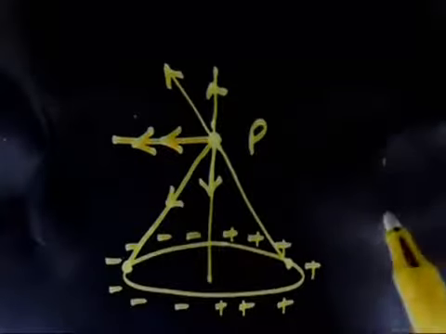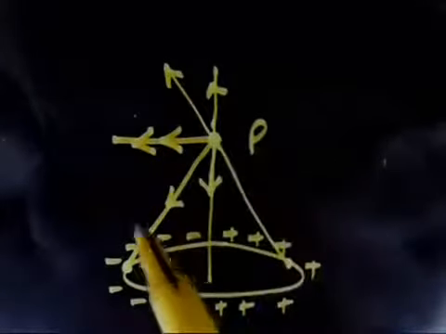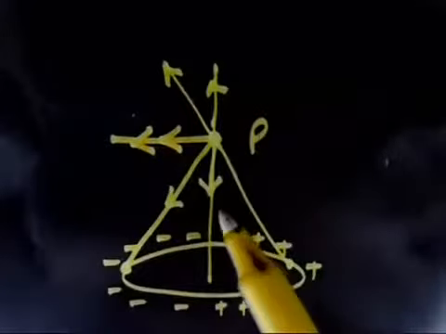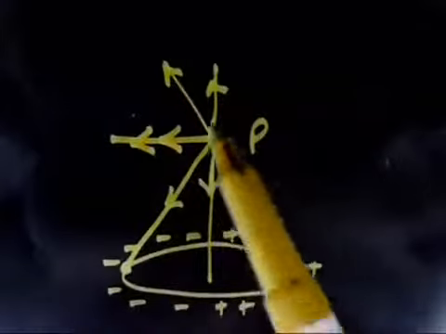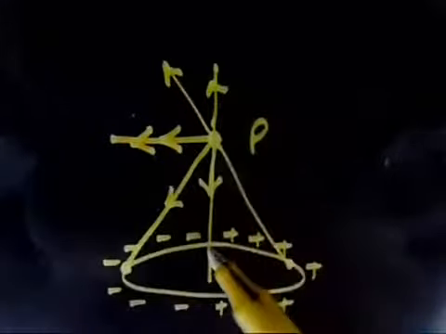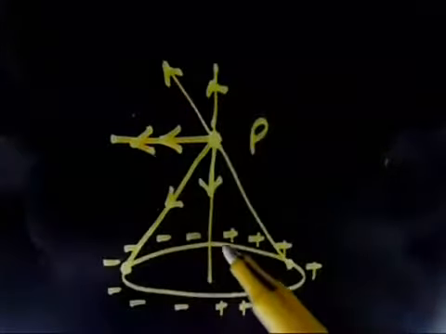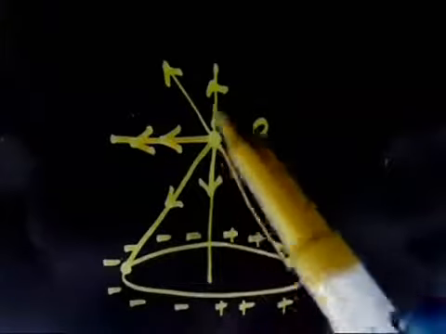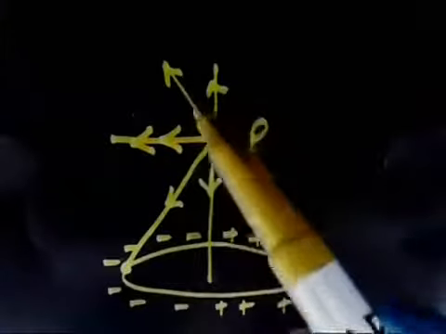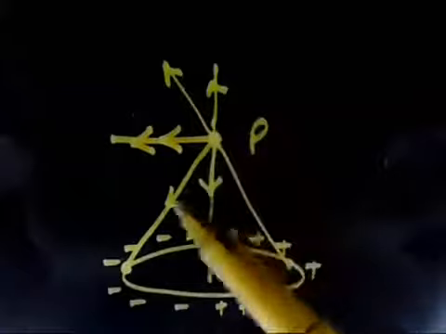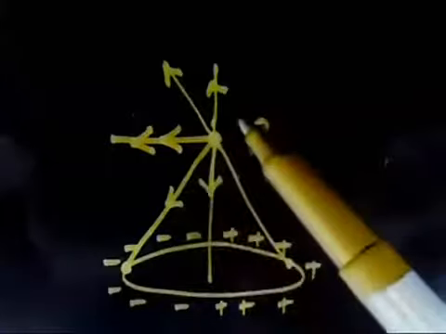Are you getting? So by just this picture one can say the electric field will have only an x component, the z component is 0, and similarly you can see the y component will also be 0, because in this case this is only in one plane. So there is no y component for this.